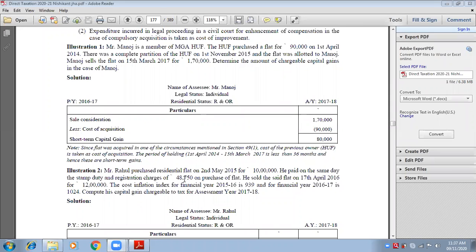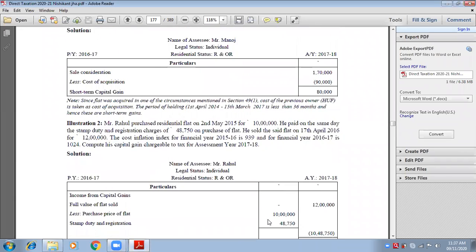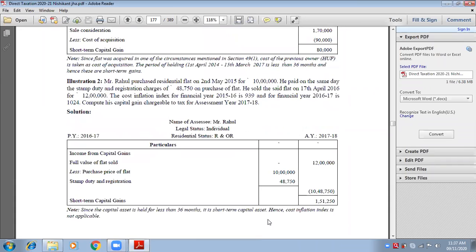So what has to be shown in the outer column, the total cost? The total cost will be 10,48,750, in the bracket, the same way they have also written.